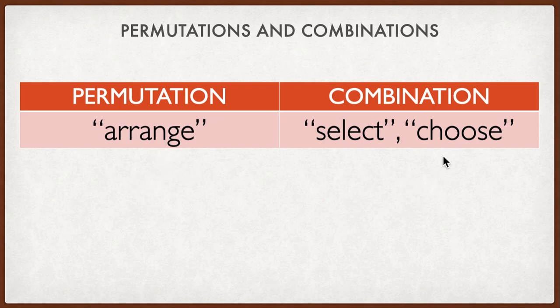And for the combination, there are words like selecting, choosing, picking, and so on. In combinations, we're just selecting, choosing, picking. We don't need to have order in mind. But for the permutation, we use the word arranged to highlight that there is an order of objects.